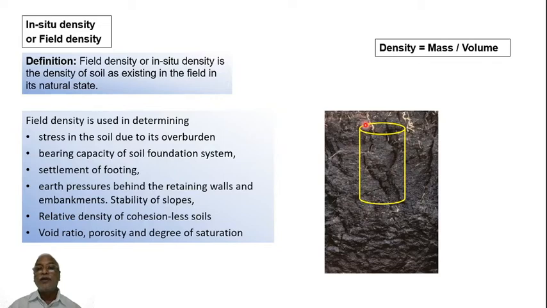How do you take out this cylinder, so that I can measure the diameter, the height, and then take the mass? By knowing the diameter and height, I can calculate the volume. Mass can be found by the balance. So mass by volume will give the density, but how do you exactly take out a cylinder from a natural soil deposit?